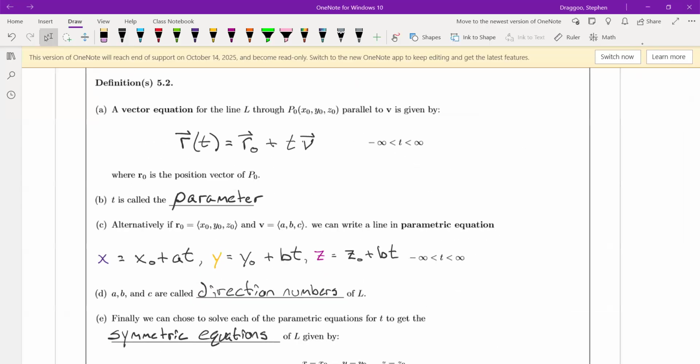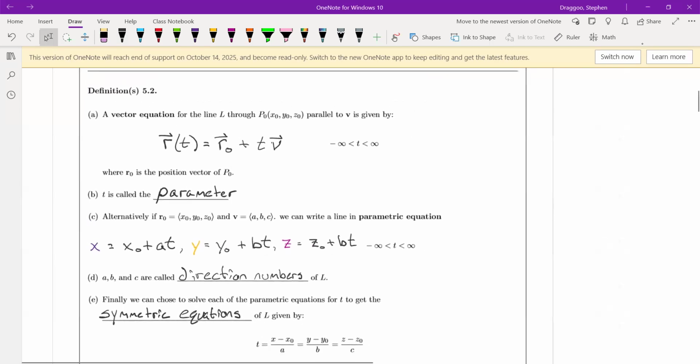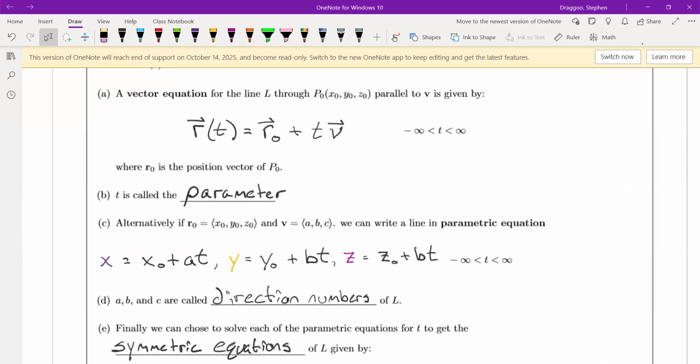Something else we should mention: the vector equation for a line. It's this equation, r of t, the vector valued equation for a line, is equal to some point plus t times a vector. If we try to decipher what is going on there, I have two terms inside this definition of a line for three space.